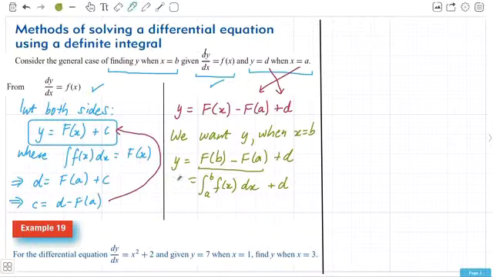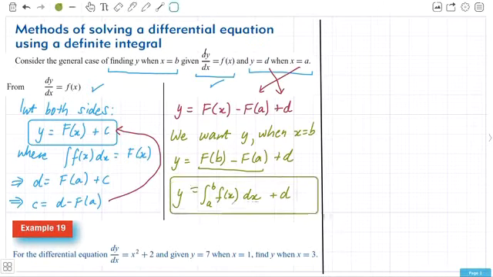plus d. So that tells us our solution for our differential equation is given by what's here in the green box. So y is going to end up being a definite integral of our original function, and your CAS will be able to do this integral as a definite integral between b and a, where a is the point that you already knew and d is the y value that you already knew.